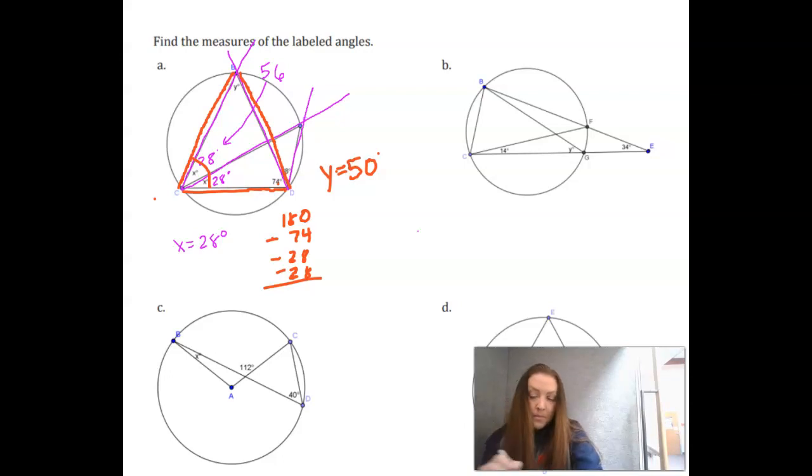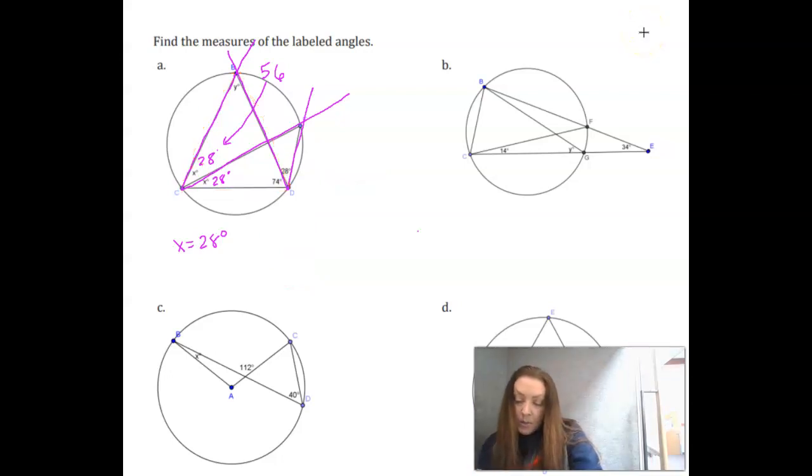All right, let's look at B. So on B, we want to find just Y. So that's all that's missing. All right, so we've got a lot of information. So the first thing I notice is if this is 14, that's an inscribed angle, so its arc is going to be 28.